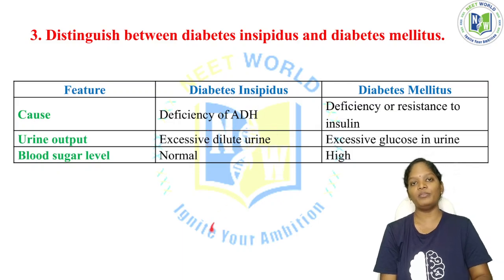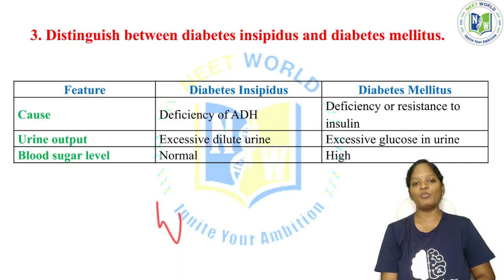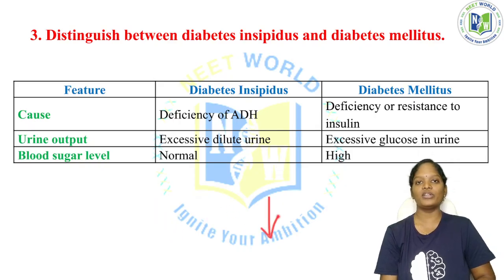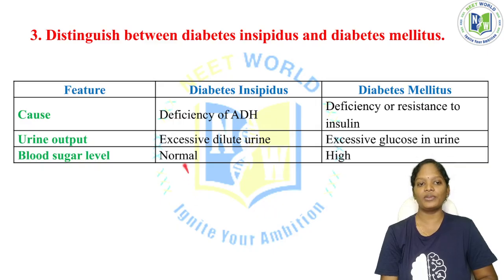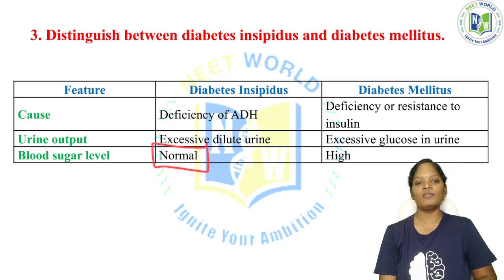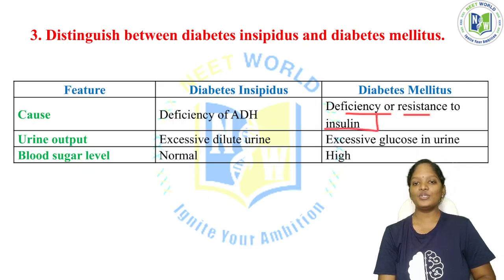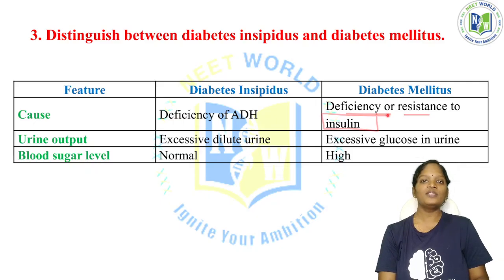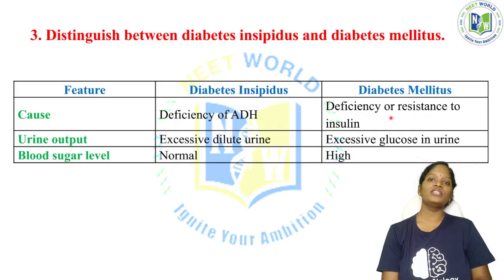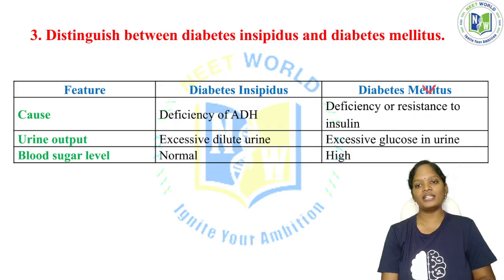Excessive dilute means if water is more in the urine, we call it dilute urine. If water is very less, we say that is concentrated urine. Okay, and here the blood sugar level is normal. And in diabetes mellitus, there is deficiency of or resistance to insulin. Okay, the hormone insulin is not functioning properly, so that results in the condition called diabetes mellitus.